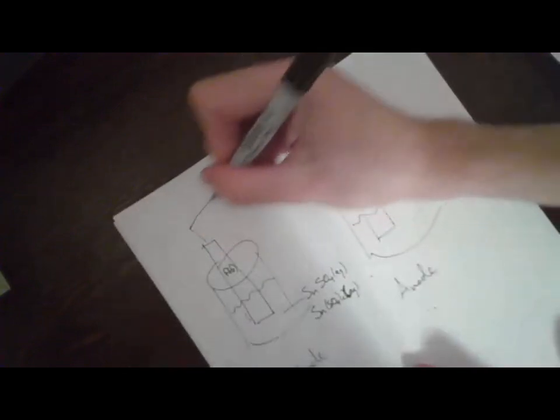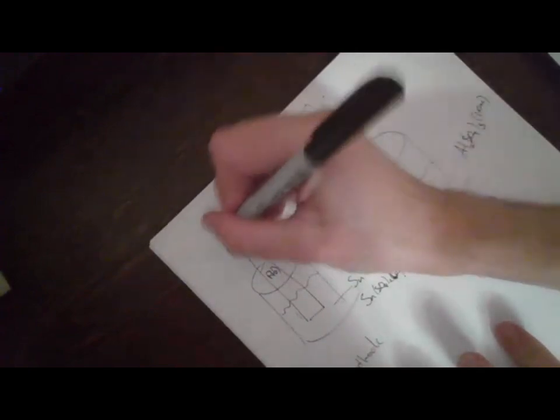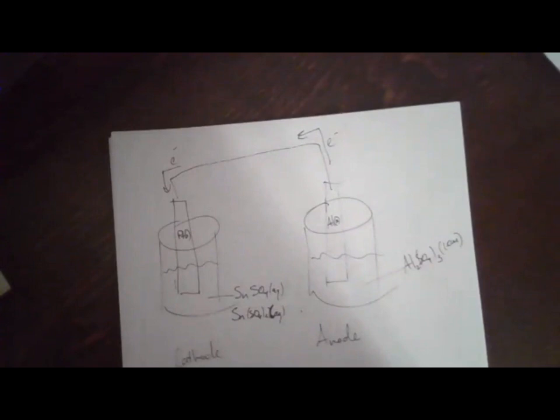And then we connect them with a wire. We know the electrons are going to flow this direction. And so that's great, we got our electrons flowing.